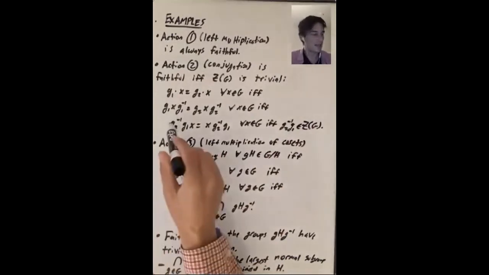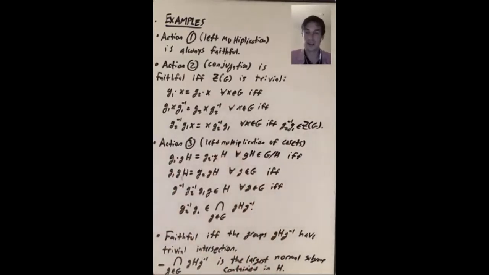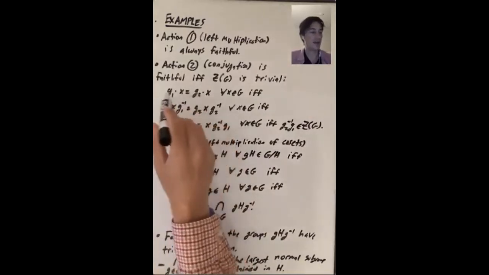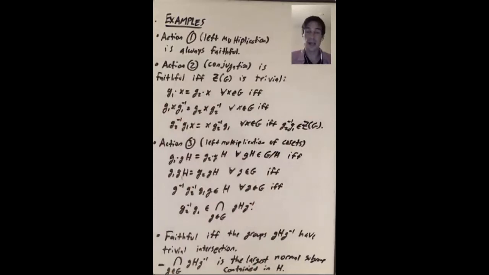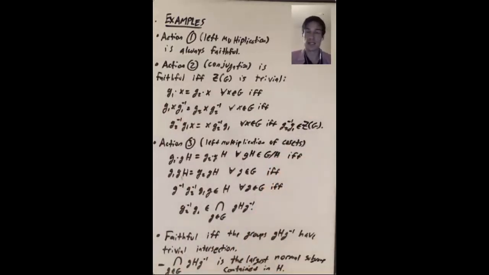That exactly means that g2 inverse g1 is in the center of G. That's the definition of what it means to be in the center. So these two elements act in the same way if and only if g2 inverse g1 lies in the center.